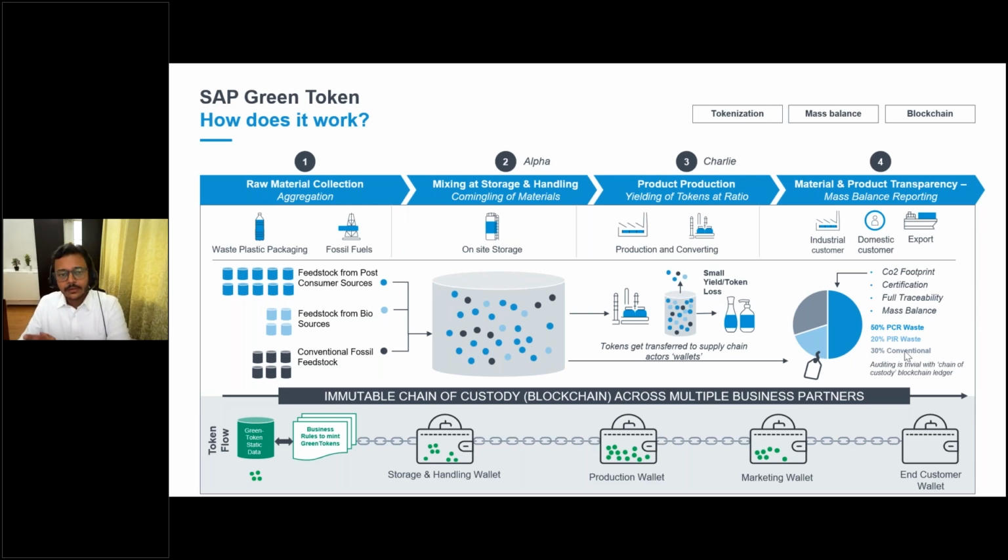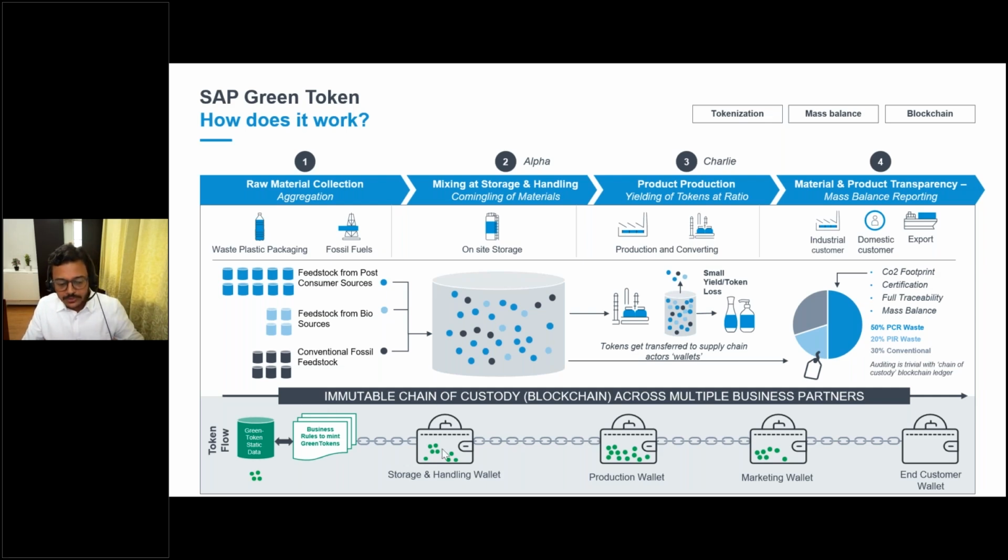Then on the output side, you have the finished goods that can be tracked as to how much recycled plastic was used in the manufacture of those goods.